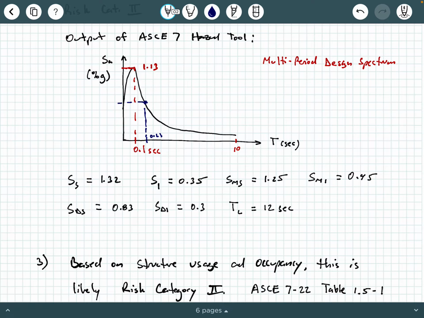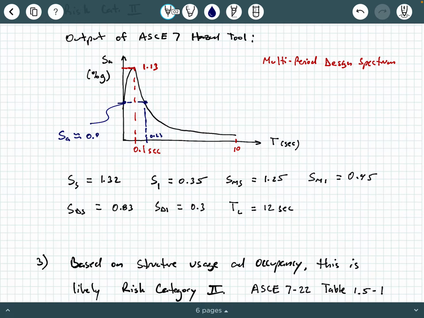So I'll go ahead and tell you I am just quickly doing a visual inspection here, and I'm getting a spectral response acceleration value that we're going to use of SA is approximately equal to, sorry, bear with me, I'm getting it as about 0.87, okay?